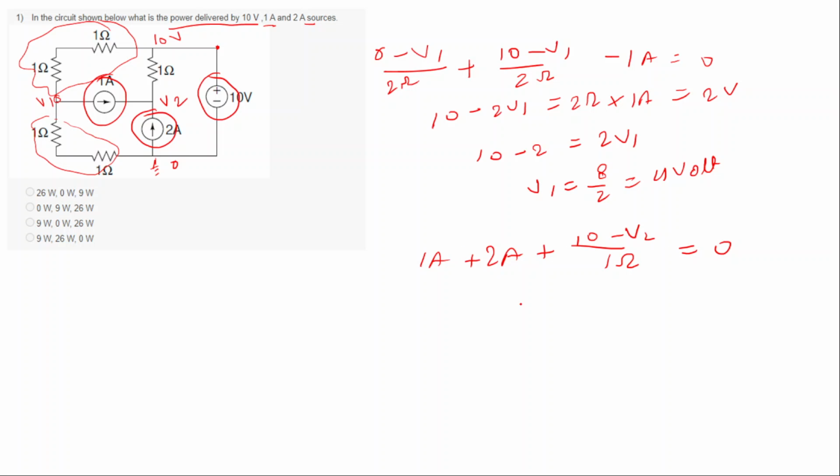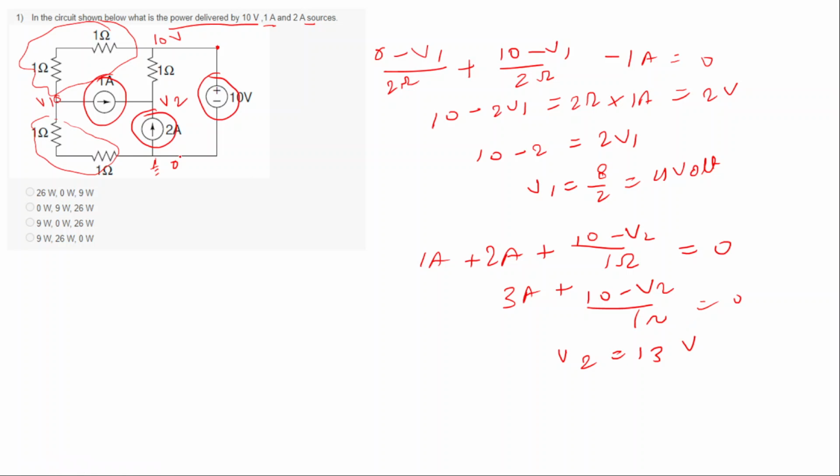So this will be 3 ampere plus (10 minus V2)/1 ohm equals 0. So V2 equals 13 volt.